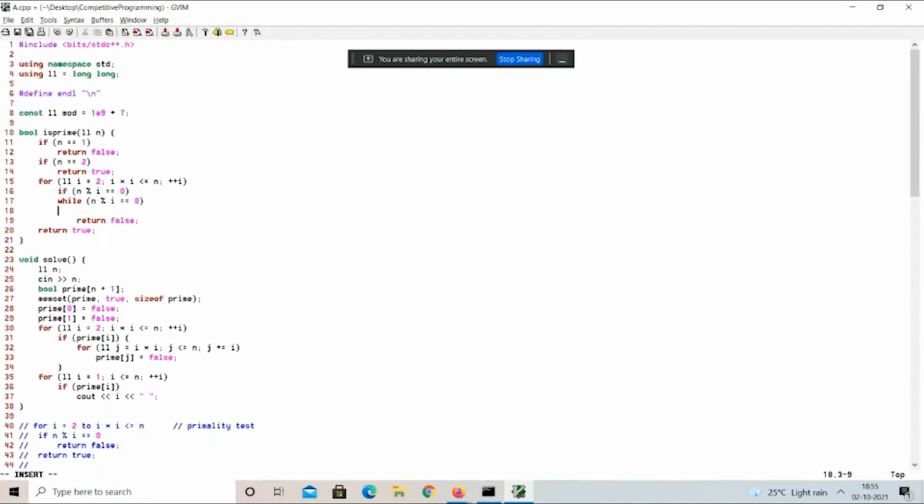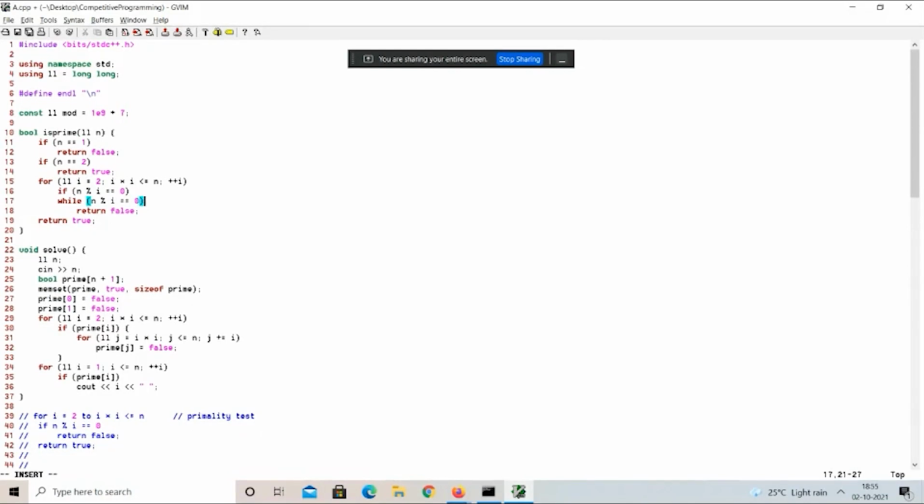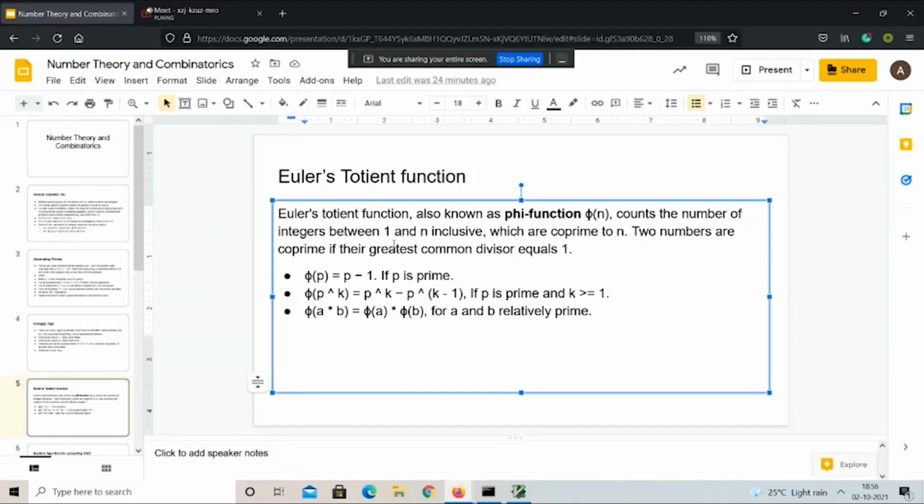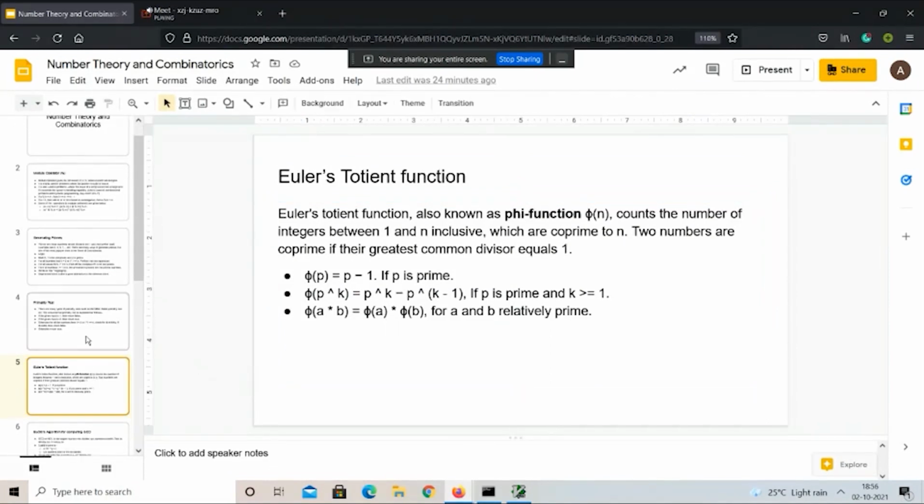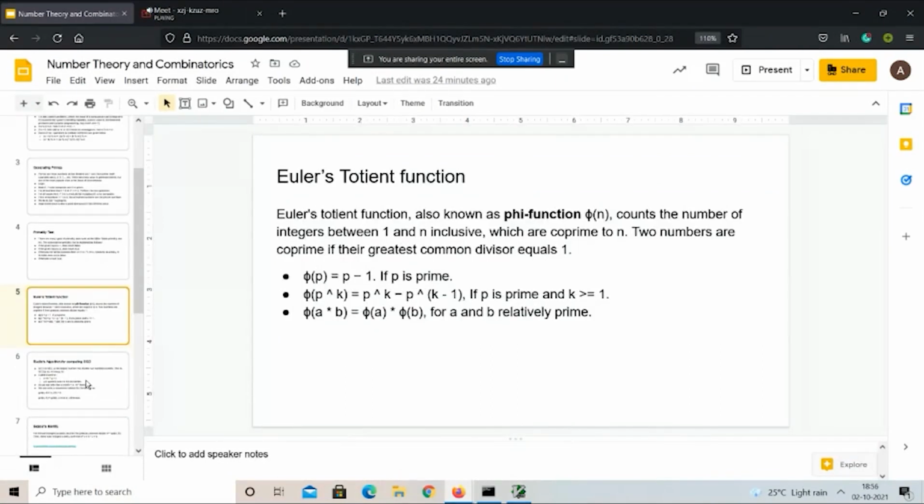That's what you have to do. Generally they don't ask questions on the Euler totient function, but I feel it should be required because in your exams, in your syllabus, this is there if you're from computer science.